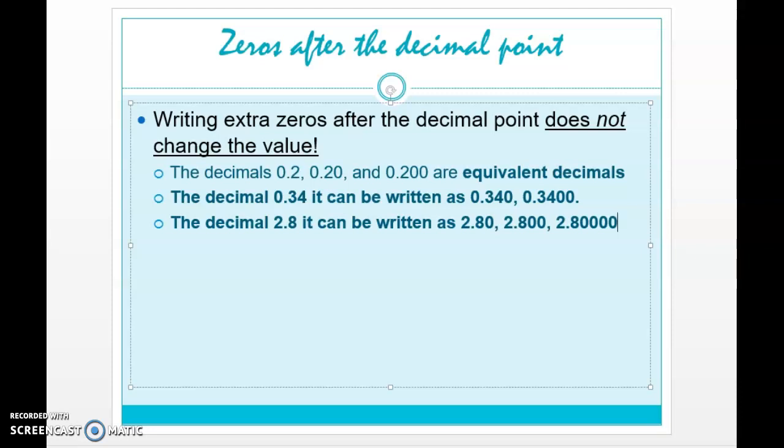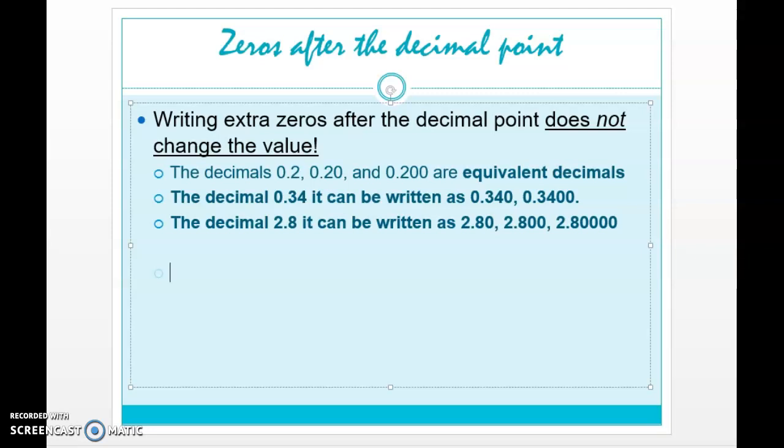But again, let us not be confused with this kind of number. If a zero appears in between two numbers, we count the zero. The zero can change the value.